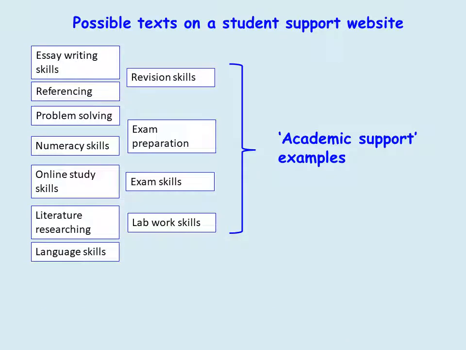And then there are examples of academic support texts, such as essay writing skills, literature researching, exam skills, and so on. Again, I haven't time to describe all of them, but again, you can find examples all over the internet. And of course, every online institution will have its own approach and write its own materials.